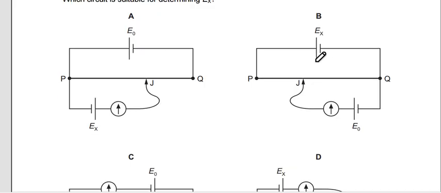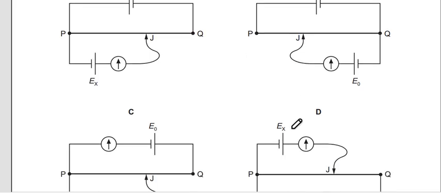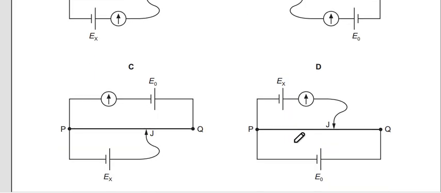With respect to B, although the two batteries are opposite to each other, we have E naught connected to the movable connection, and E naught is greater than EX. So we cannot reach zero on the voltmeter here. In C, we have the voltmeter connected away from EX, so it cannot be accepted. So the only correct answer is D.